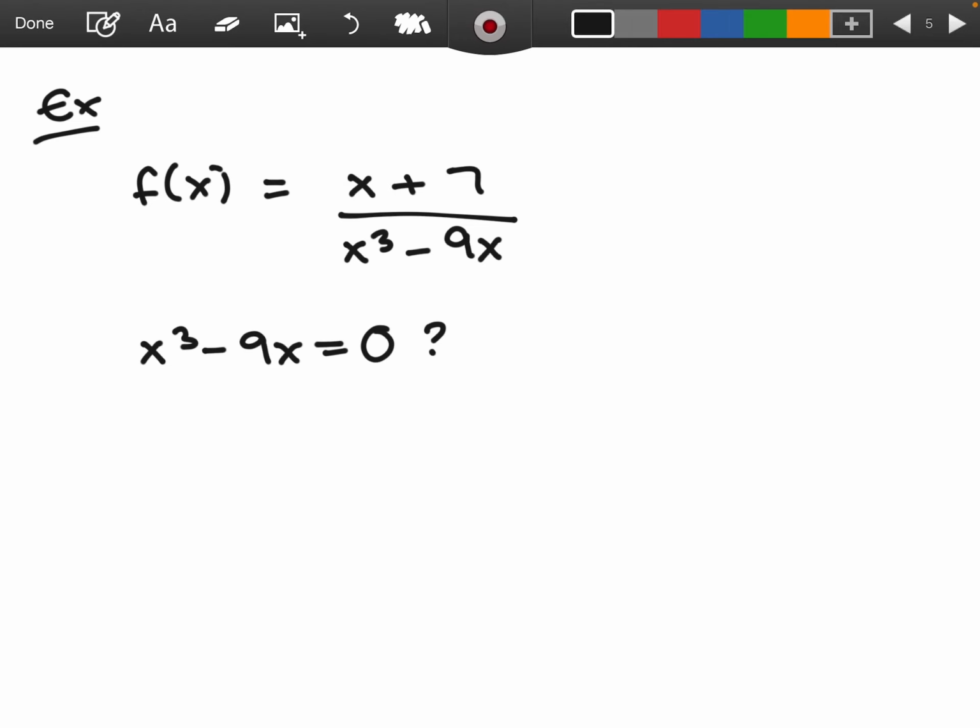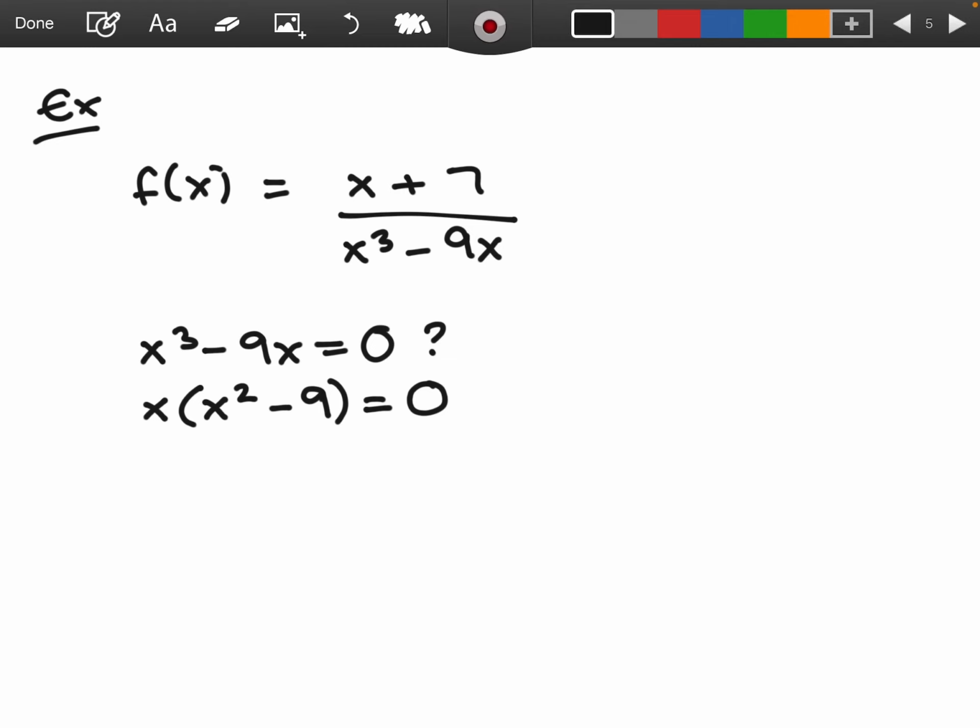So first thing we have to do is look at, where does x cubed minus 9x equal 0? Okay, where is that the case? Well, in order to look at this, we need to factor it. We have this polynomial here, and in order to find the values of x, the easiest way is to factor it. So I'm going to take an x out, which will leave me with this.